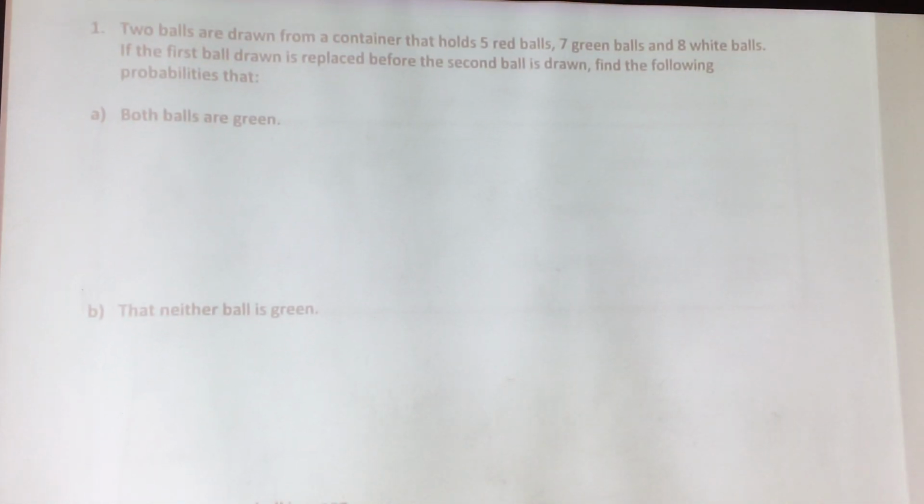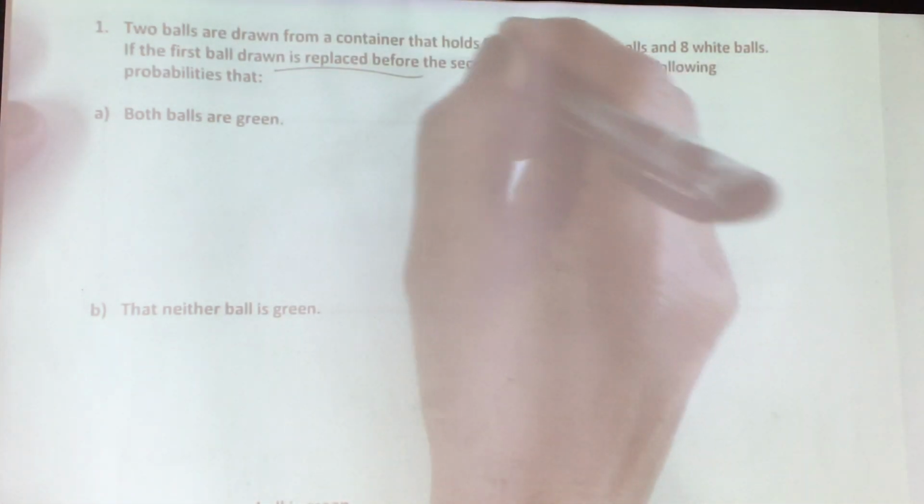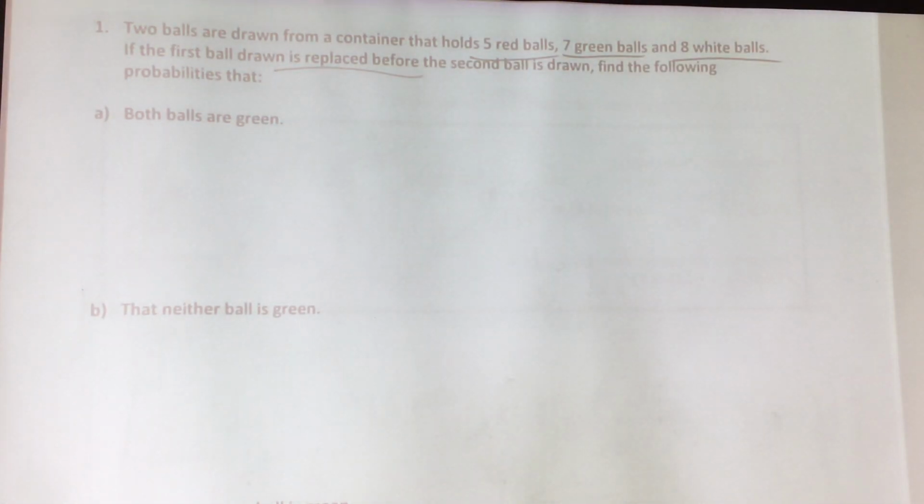If 2 balls are drawn from a container that holds 5 red balls, 7 green balls, and 8 white balls, and the first ball is drawn and is replaced before the second ball is drawn, find the following probabilities. First, that both balls are green.